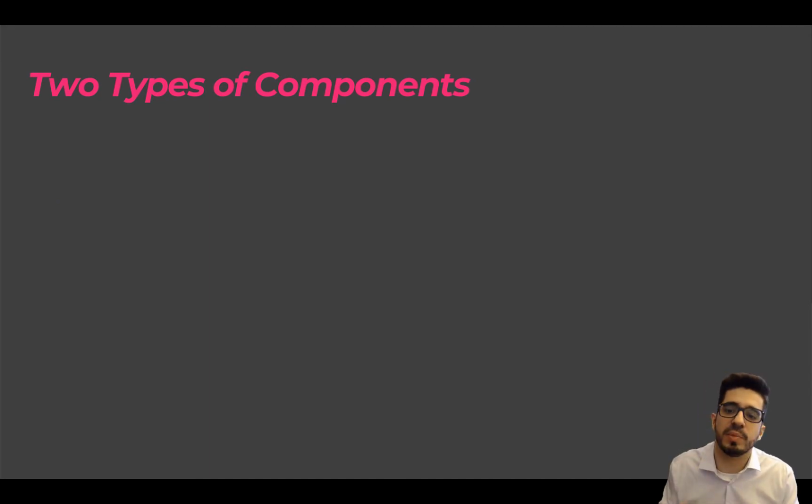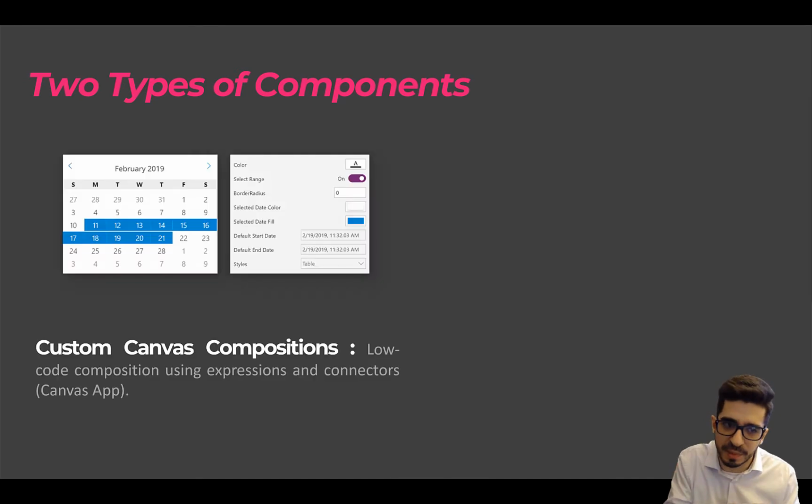When we talk about components, we must make the difference between the canvas app type components, with the use of basic expressions to connect some basic controls, and the components built using code that will allow us to go much further.